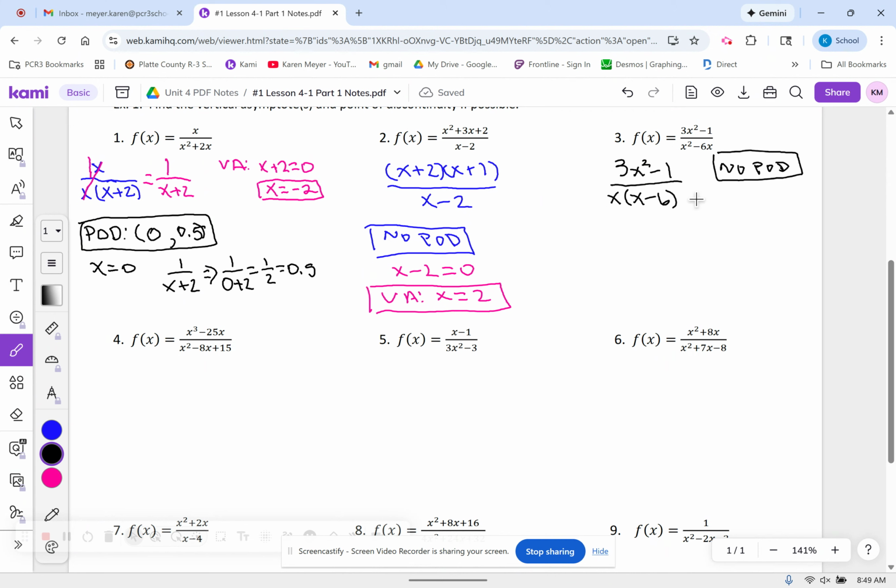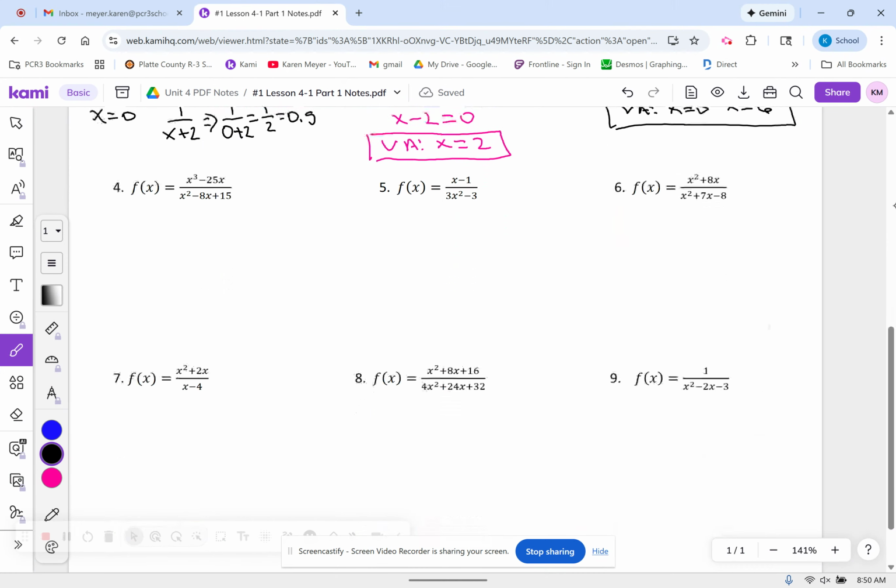Okay, I notice there are 2 X's on the bottom, so that means there's 2 vertical asymptotes. So then I'm just going to take the first X and set it equal to 0. And then I'm going to take X minus 6 and set it equal to 0. So then my vertical asymptotes are X equals 0 and X equals +6. Done.